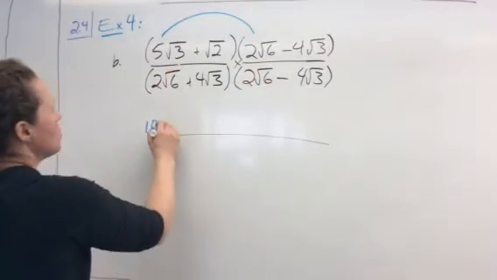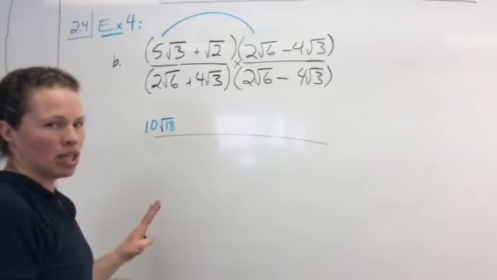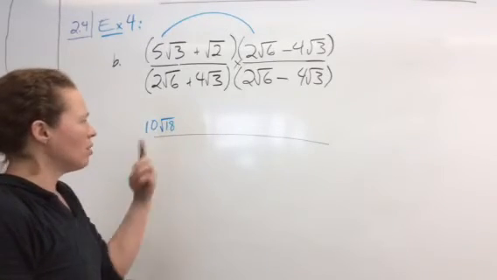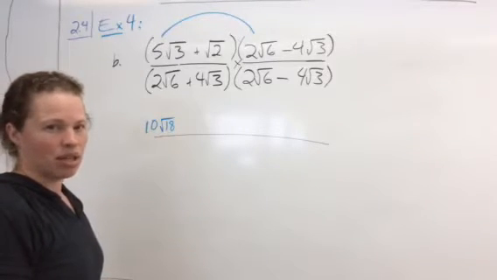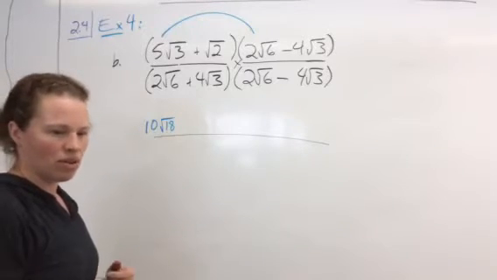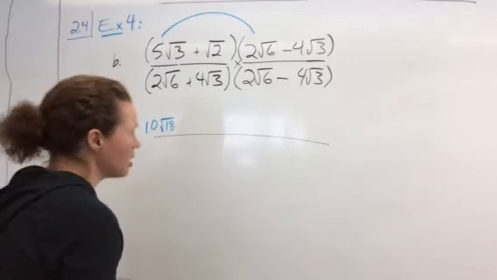Root 3 times root 6 is root 18. We'll leave it for now. You might start noticing as we work with radicals more often when we're going to have something that's going to need to be simplified. 18 has 9 as a factor, so we're going to have to go back to that. For now, though, we'll just keep going.